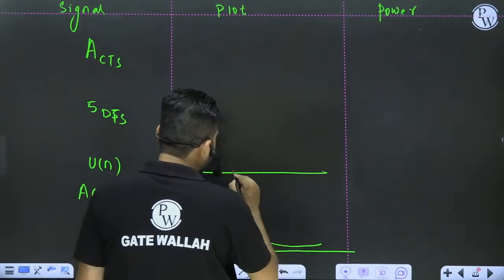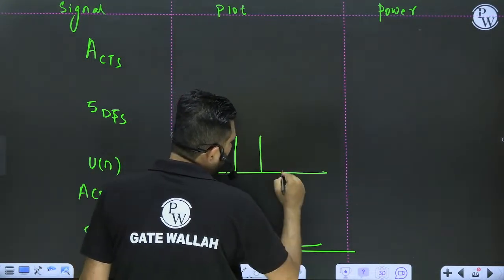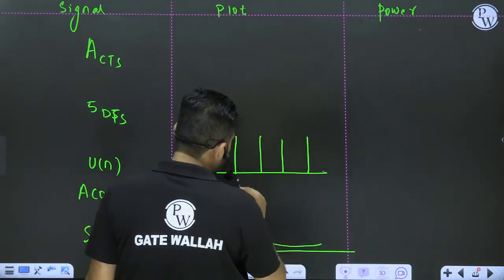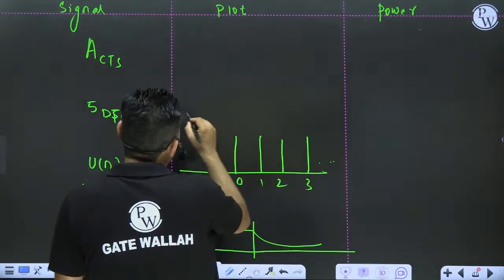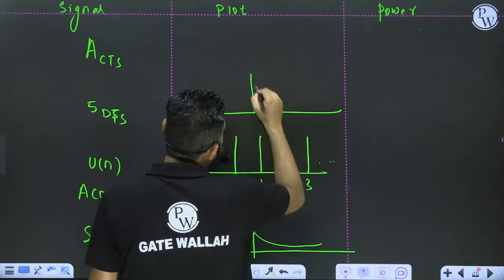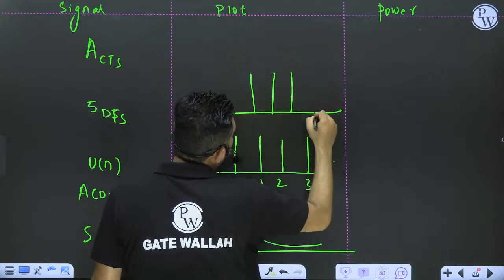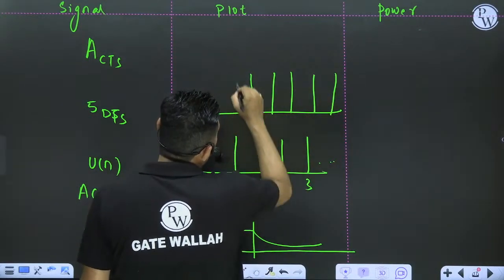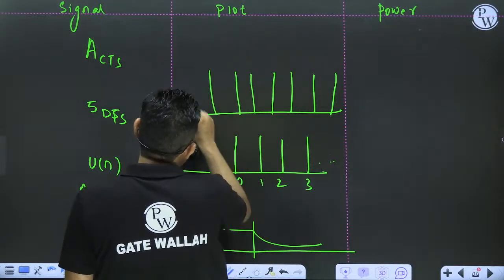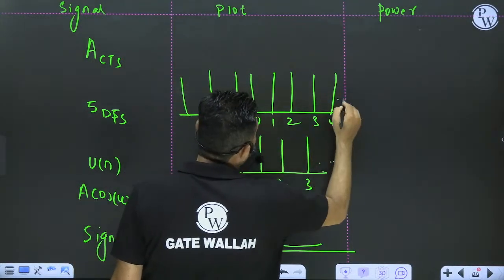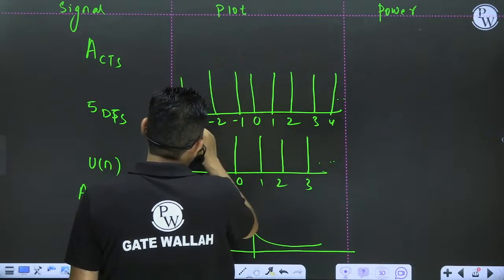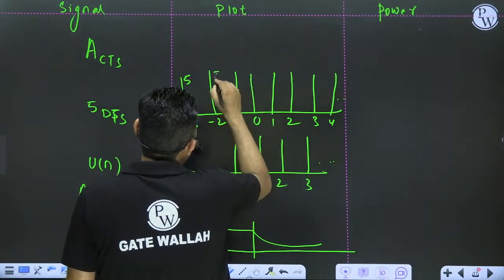u(n) plot is this. We already know the plot of u(n). 0, 1, 2, 1. 5 in DTS is this. Everywhere it is a 5. 0, 1, 2, 3, 4, -1, -2, -3. 5 everywhere. Okay.